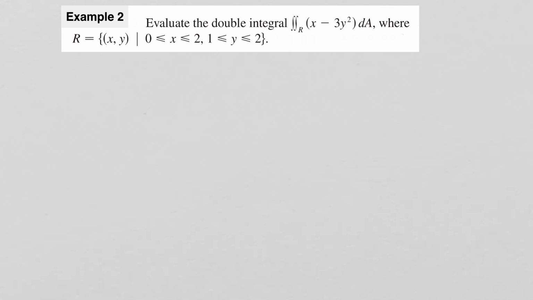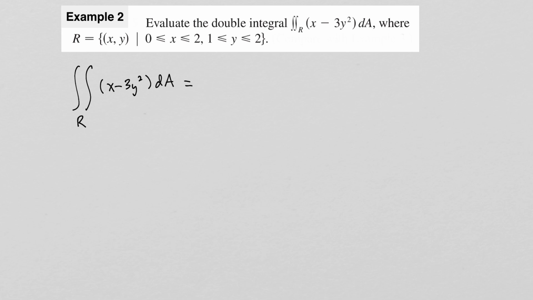Here we want to evaluate the double integral of the function x minus 3y squared dA, where the rectangle where x is between 0 and 2 and y is between 1 and 2. So we're going to define this as the integral of x minus 3y squared dA on the region R. And then we just need to decide which variable you want to integrate first.